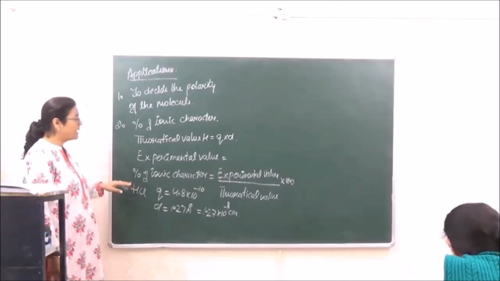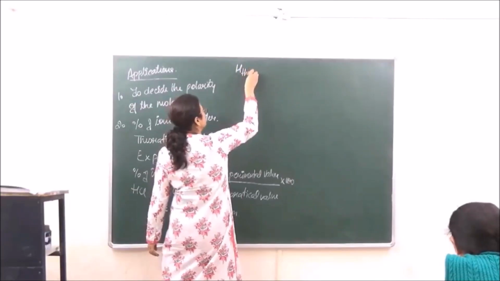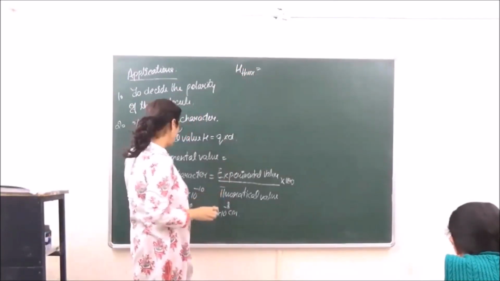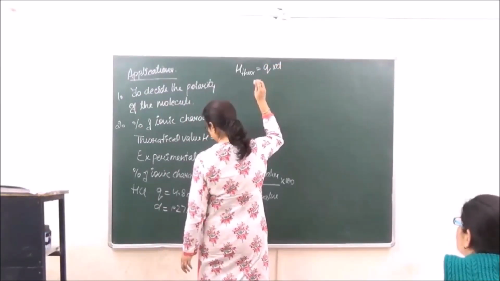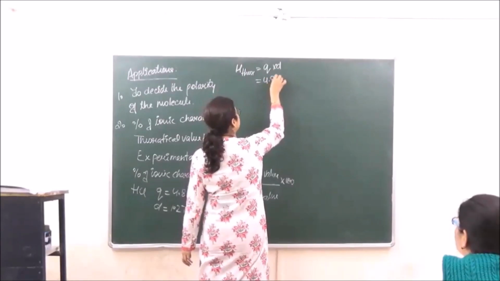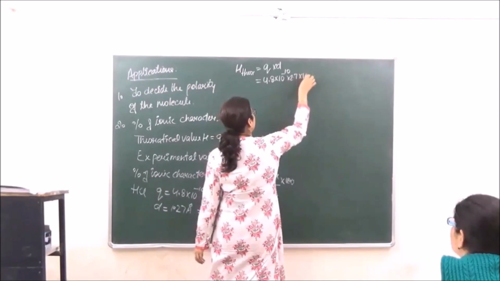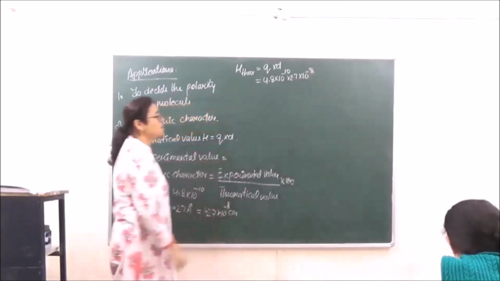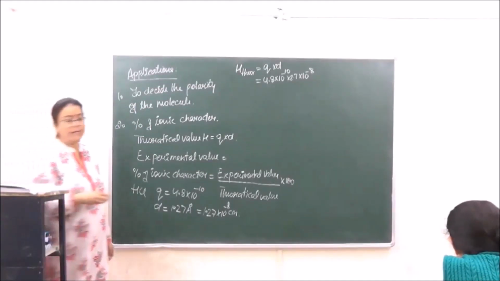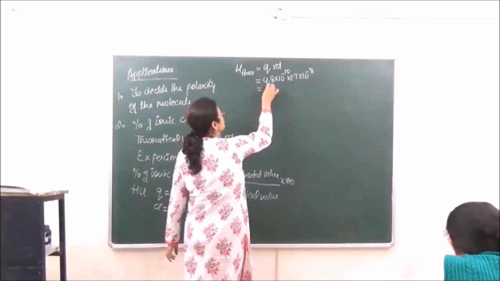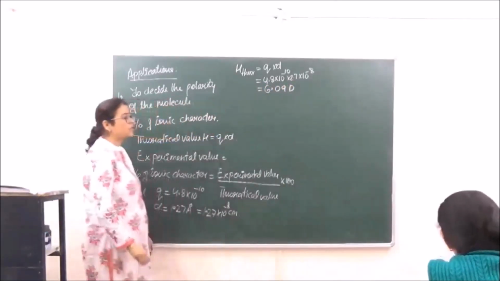Okay? What is going to be the value of mu? So we say that mu theoretical is going to be equal to Q into D. The value of Q is given as 4.8 into 10 raised to power minus 10 into 1.27 into 10 raised to power minus 8. So when we calculate this, it comes to 6.09 D.